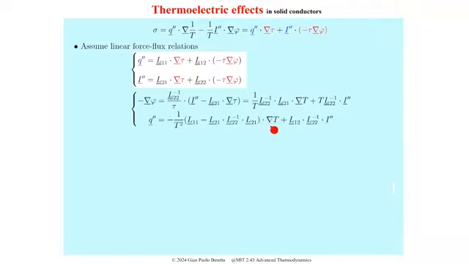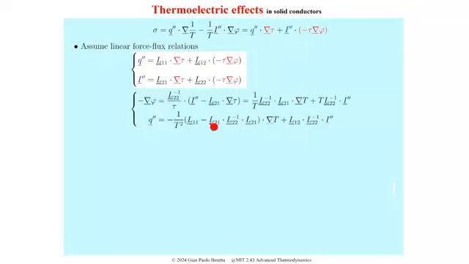And of course, the substitution that you've made, since the gradient in the electric potential depends on the current, but also on the gradient in temperature, when you substitute it up there, it gives its own contribution to the term that multiplies the prefactor of the gradient in temperature.